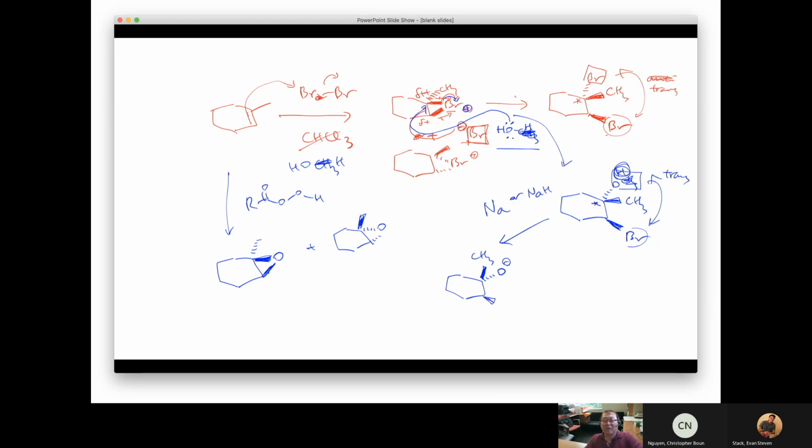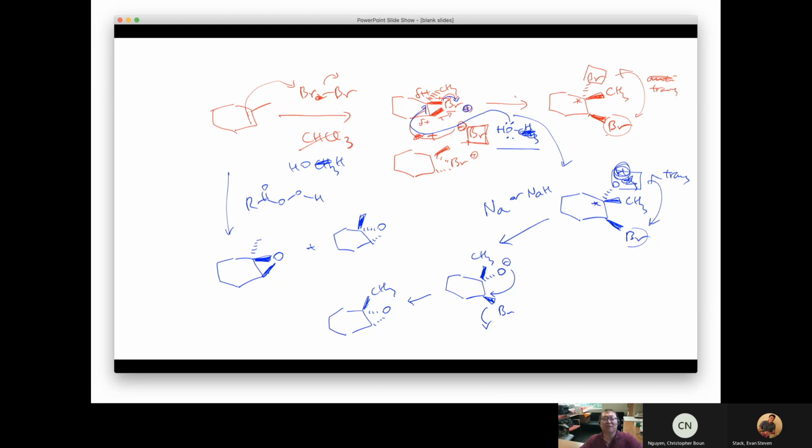And then the bromine happens to be on the opposite side. So now it can kick in. A backside attack is possible this way, and the bromide moves out, and these produce epoxide too. So this is kind of an interesting way of making epoxide.